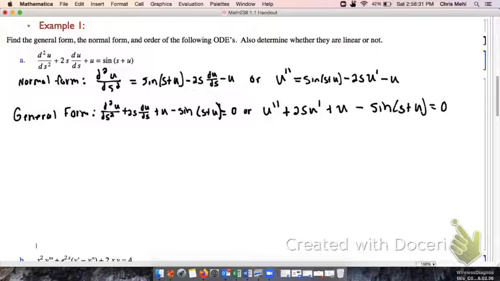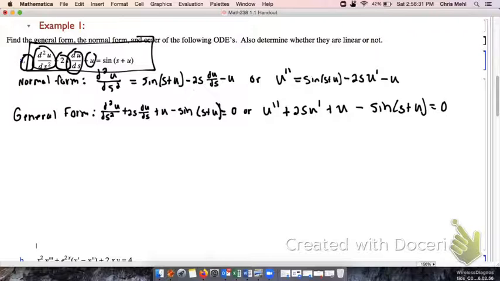Now, what I want you to look at is the original differential equation itself. For this to be linear, out front you would need some function of s, which in this case is the constant function 1, times the second derivative. So the first term is linear. The second term is some function of s times the first derivative, so it's linear, plus u, which is again a function of s times the dependent variable u.